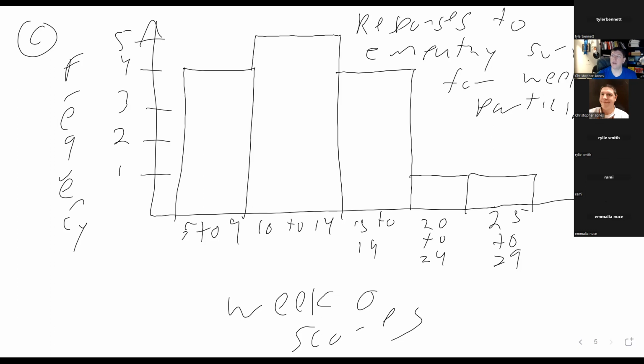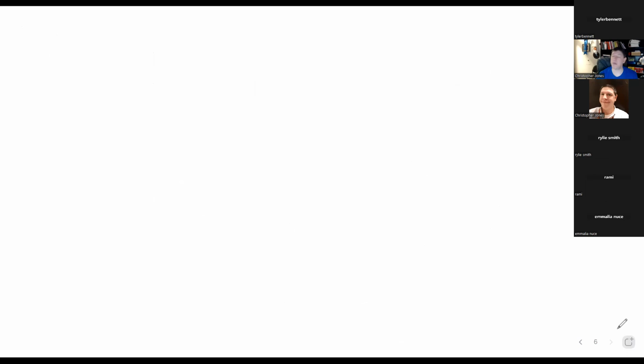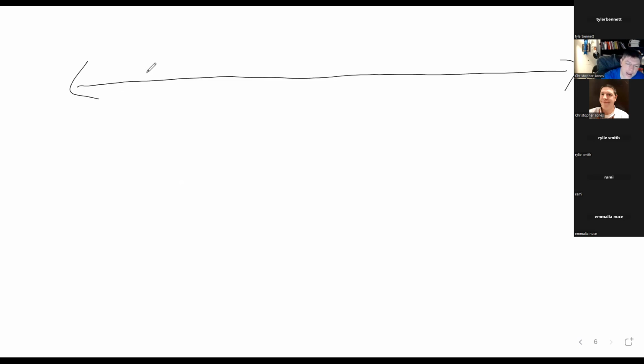Last thing we're going to do is make the dot plot. Fortunately, the dot plot doesn't require the frequency distribution. We just go ahead and plot. I'm just going to make a number line here: 5, 10, 15, 20, 25, and 30. If you wanted to do increments of 10, that's perfectly fine.